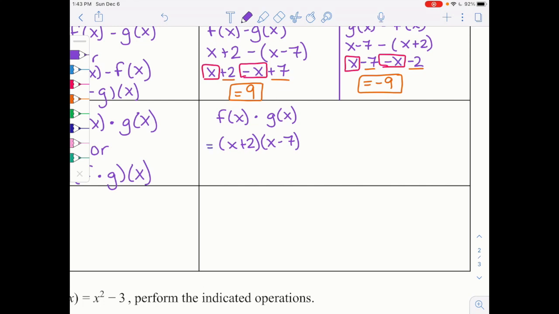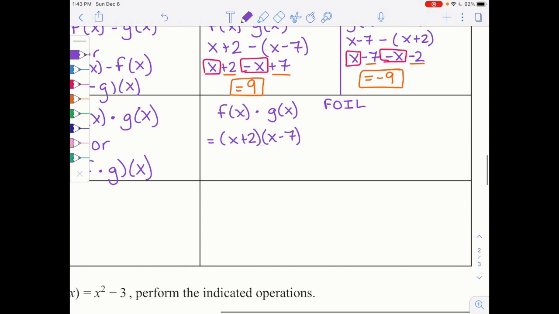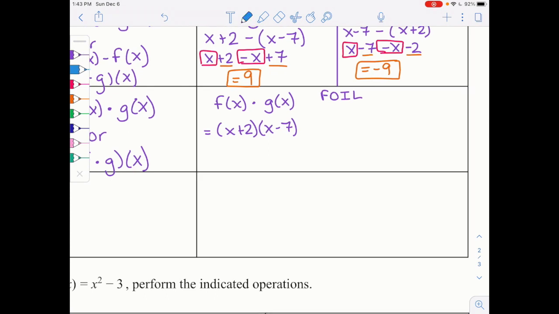It's probably been a while since you've seen this. You might also see it called, I believe I taught it to you guys back in freshman year as FOIL, which means first, outer, inner, last. And what that means is you're going to multiply your first term times your first term. So x times x is x squared. Then you're going to multiply your two outer terms.